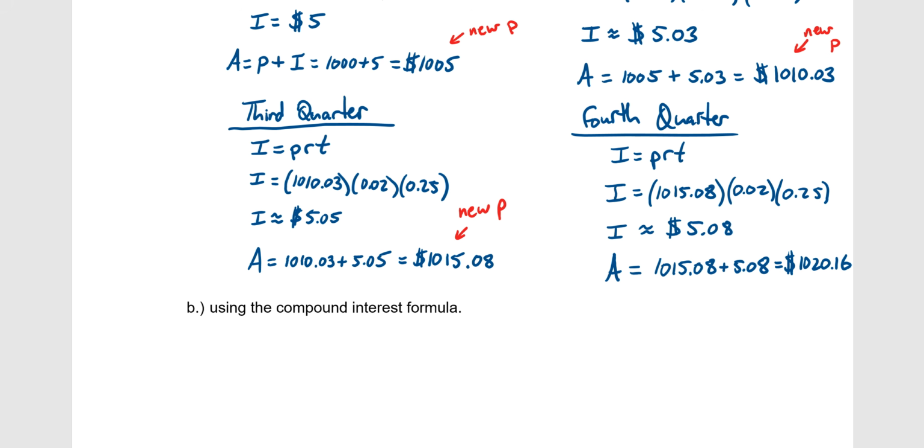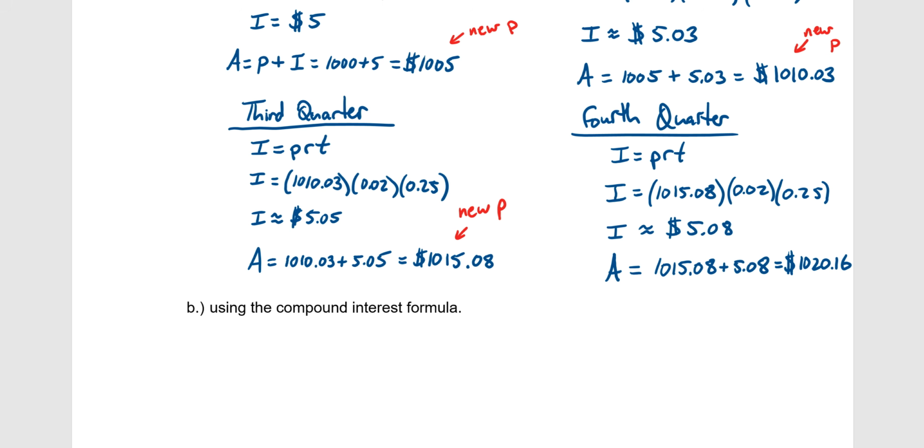Plugging in all of our values here, using the previous principal value, we end up getting an interest of $5.08, and adding that to the previous principal, we get $1,020.16. So you can see that this interest is just continuously getting larger and larger.